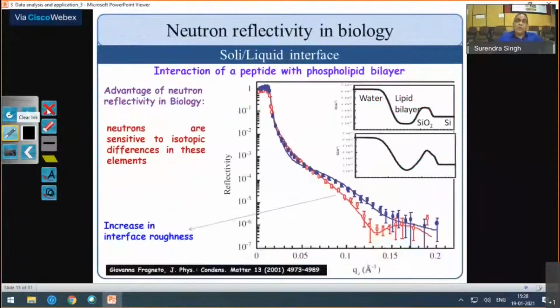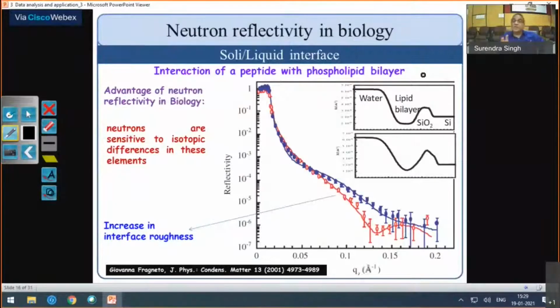So let us now see one example for a biological sample. They have made a lipid bilayer. They want to see the structure, because this lipid bilayer is very close to the membrane of cells, and people want to study how it functions, whether the structure of that bilayer or membrane affects how it functions, and what will happen if we do something with it.